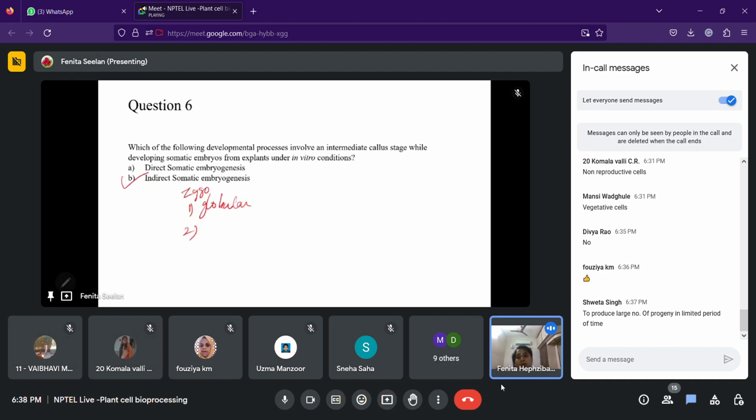What about somaclonal variations? What are somaclonal variations? There will be some advantages of this over in vitro plant generation, right? And disadvantages over in vitro plant generation. One, Shweta has told, is to produce a large number of progeny plants in a limited period of time.